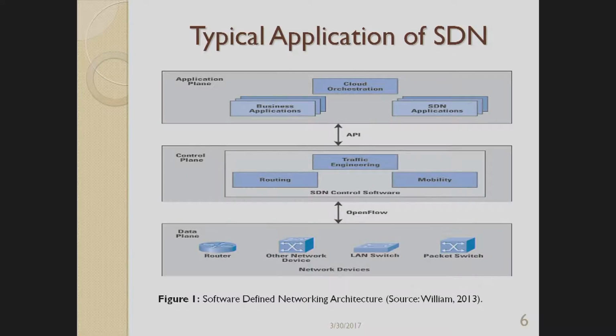Yes, so this is the typical architecture that we have in here: the data plane, control plane, and the application plane. Now, we are working between the data plane and the control plane. We're working specifically with the OpenFlow table that passes information between the routing tables and the way you configure or monitor the network.